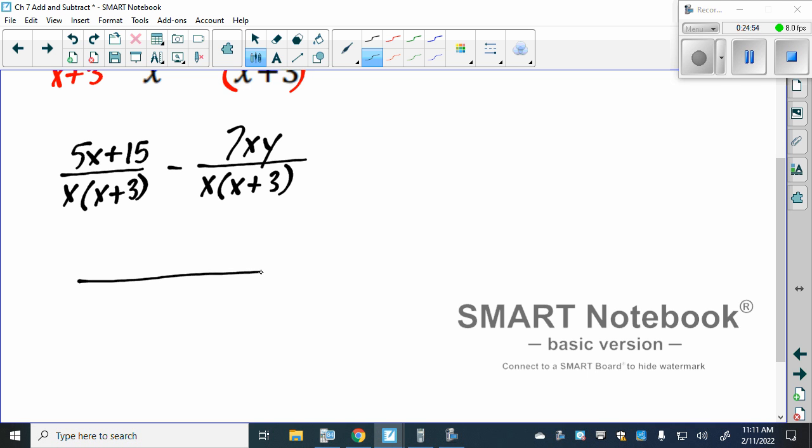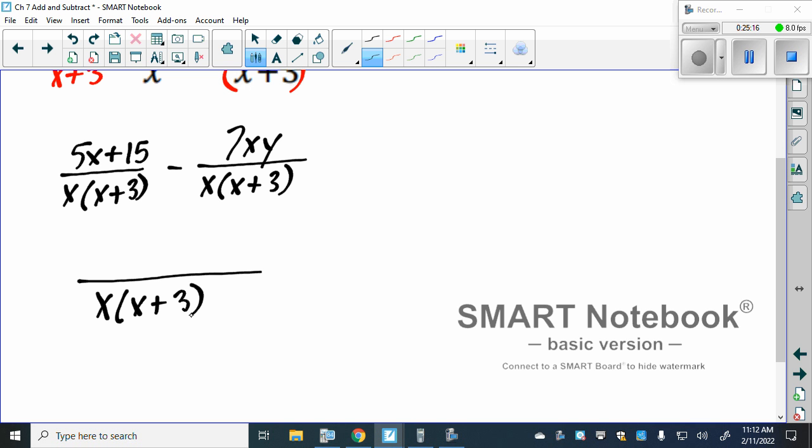And now, because the denominators are the same, we can go on and subtract the numerators. Well, do we have any like terms? Well, no. And the numerator for what we're subtracting is a single term, yes?